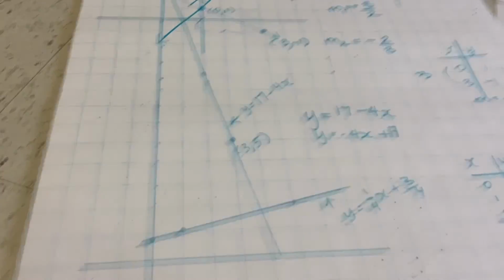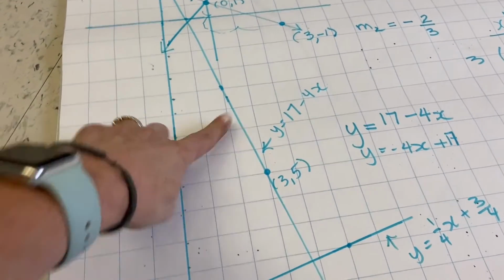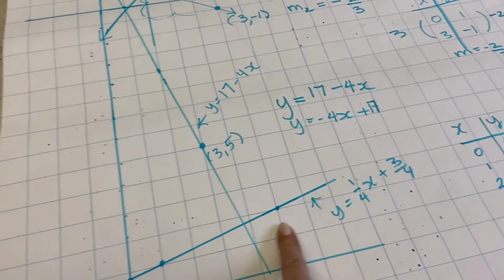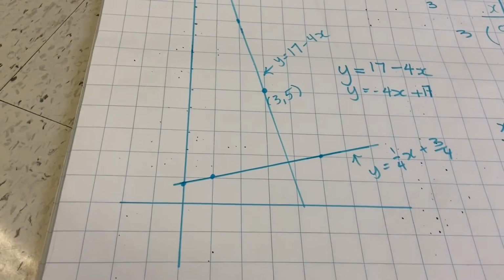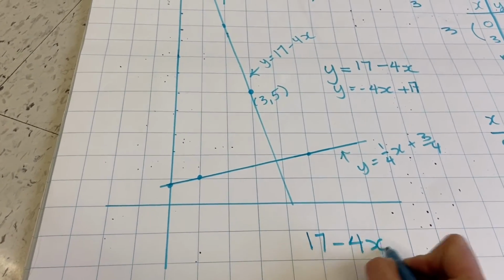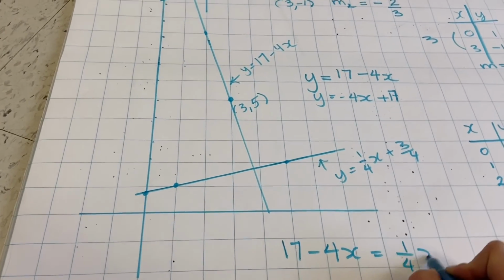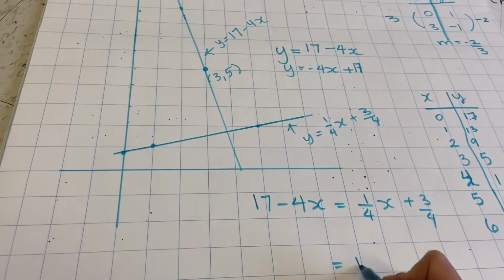I've moved to my other piece of chart paper. This is the line which represents the height. This is the line that represents the base of the triangle, and I want to know where those two intersect. So I'm going to have to do some algebra. I want to know, when does 17 minus 4x equal 1/4x plus 3/4?